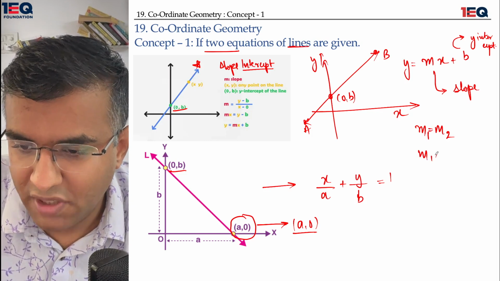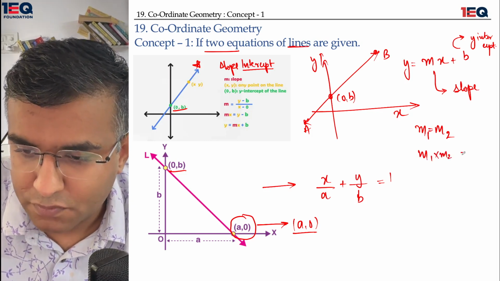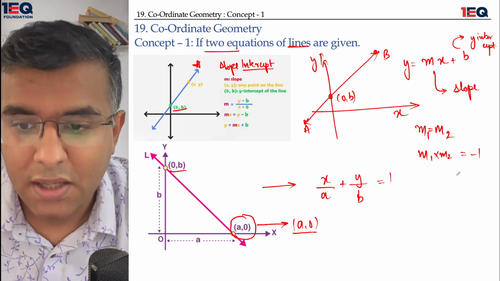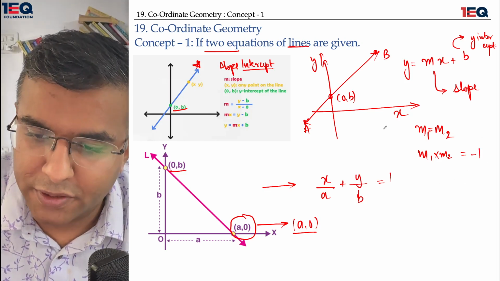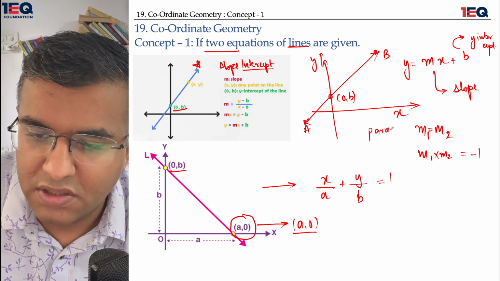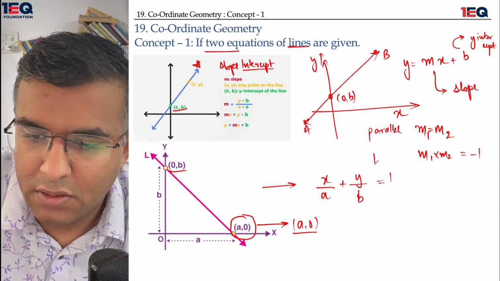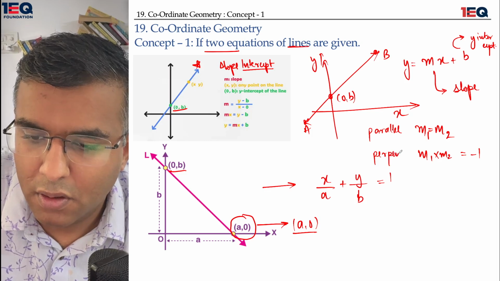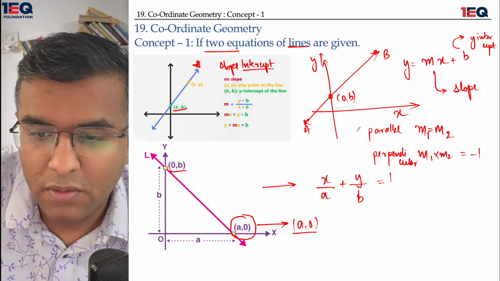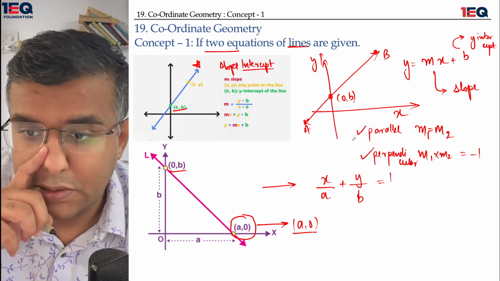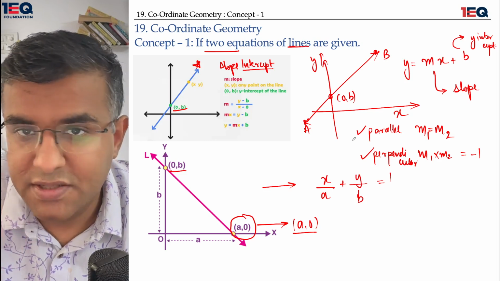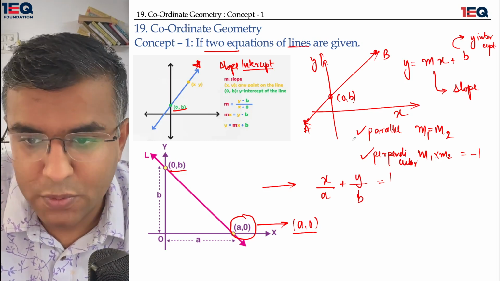Similarly, m1 multiplied by m2 would be equal to -1 when the lines are perpendicular. Okay, parallel and perpendicular.